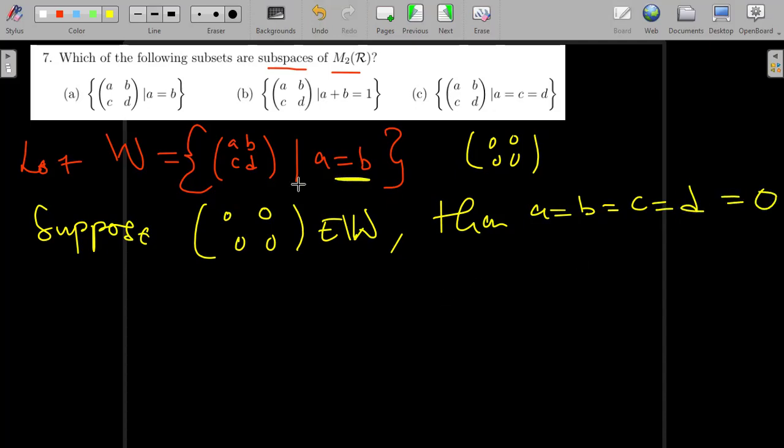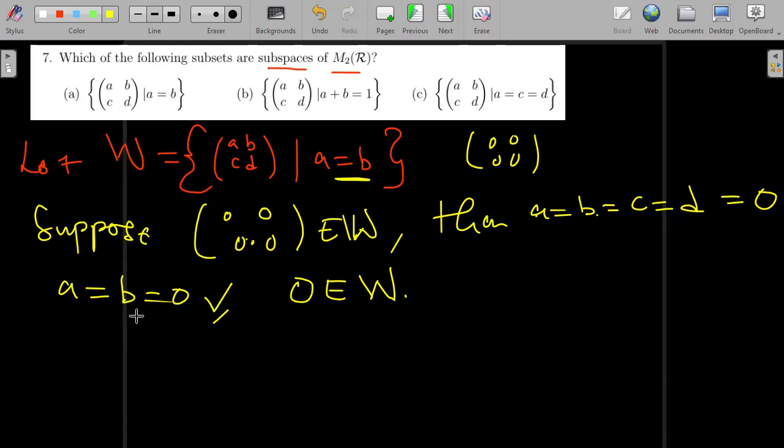Is this condition satisfied? If A is equal to B is equal to 0, then A is equal to B is satisfied. So the zero vector, the one I'm representing as 0 there, is a member of this set. We've checked the zero vector, and it has passed.